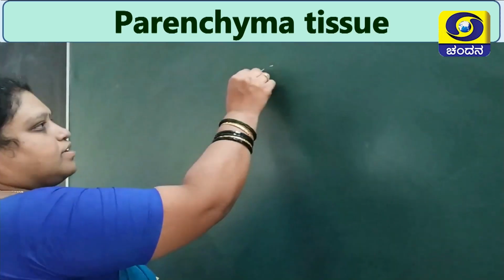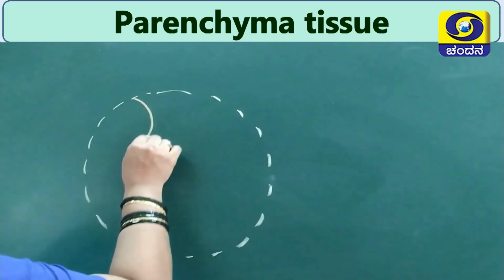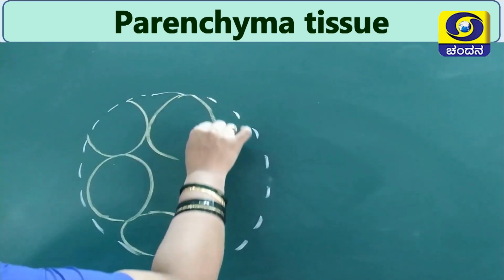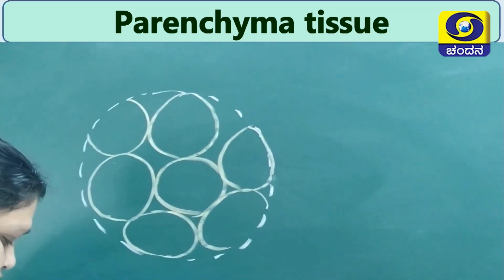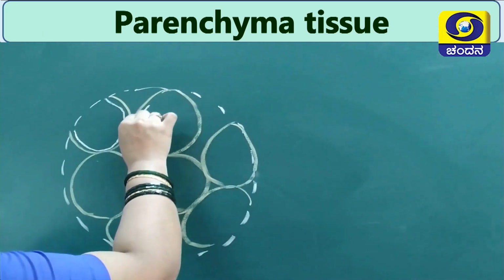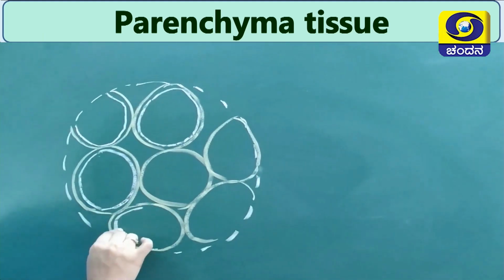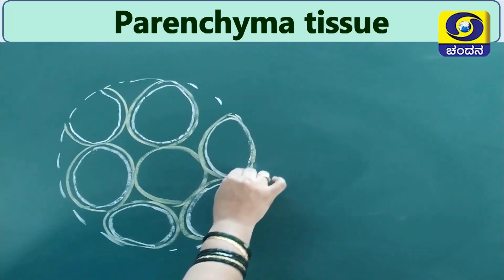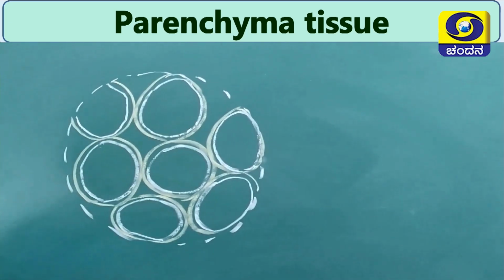Now let us see how to draw a parenchyma tissue. First draw dotted lines and make a circle. Next slightly draw oval shaped cells. It need not be exactly circular. Let it be oval shaped. Let us draw a thin cell wall. Then you can draw the nucleus.